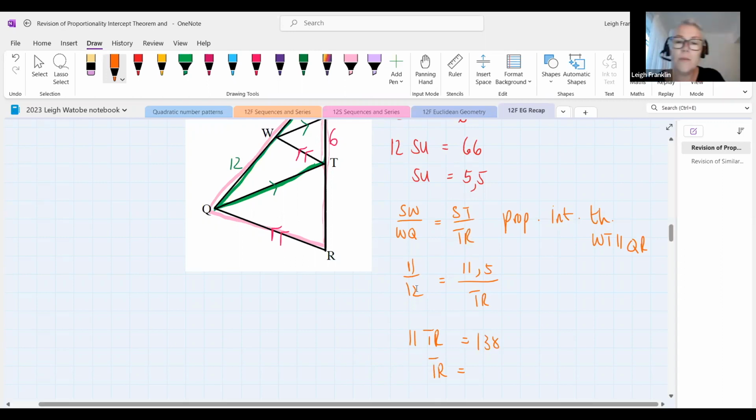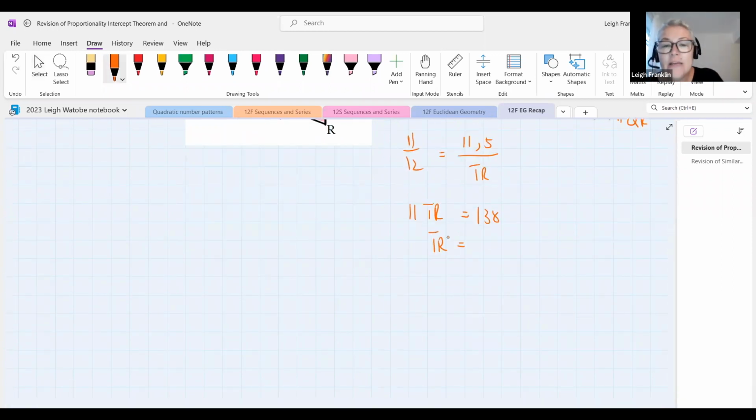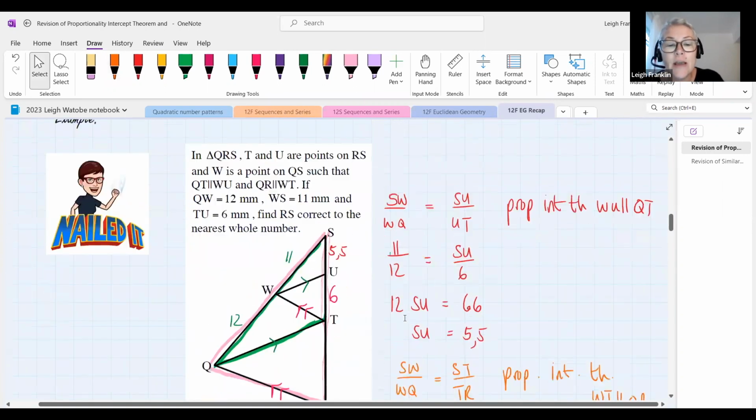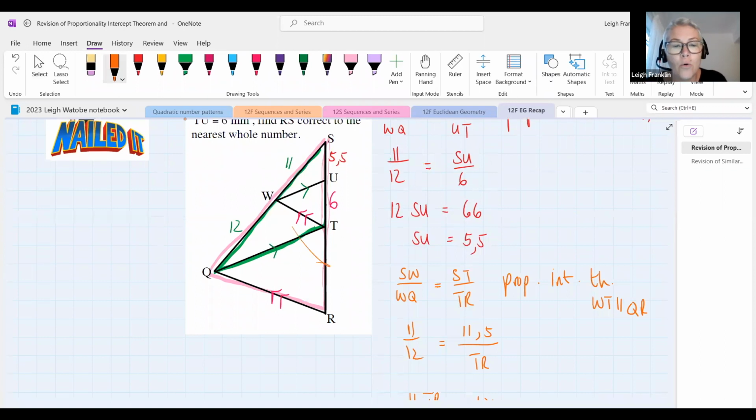I'm getting 12.5. I'm going to leave it as 12.5 so that when we add these together, we end up with a whole number. So that was 12.5.